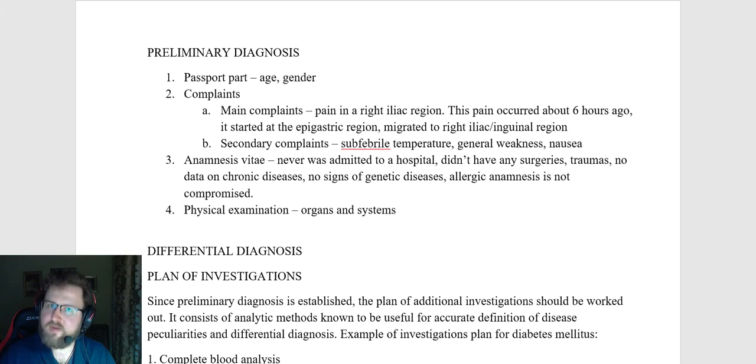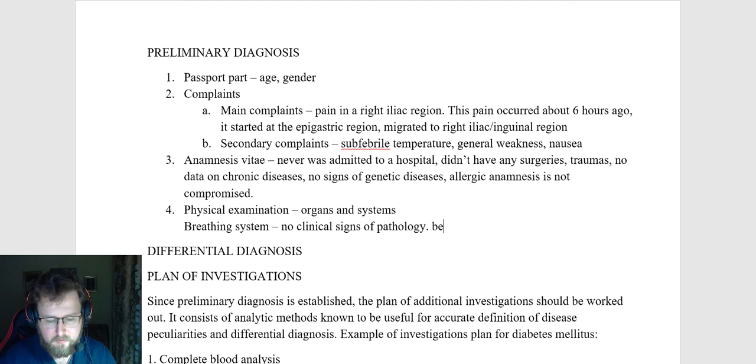For example, breathing system. You write the conclusion that he has no clinical signs of pathology. And then you describe why.